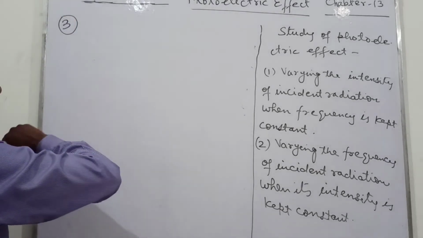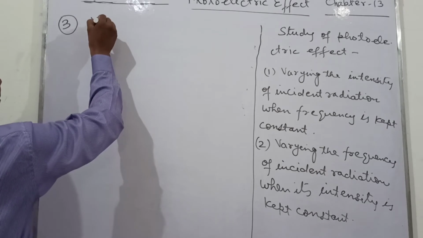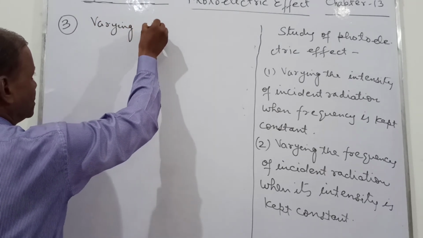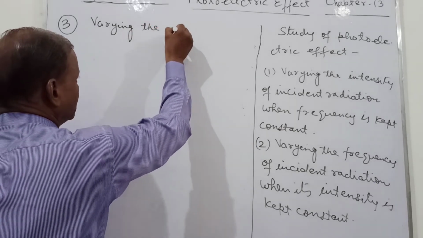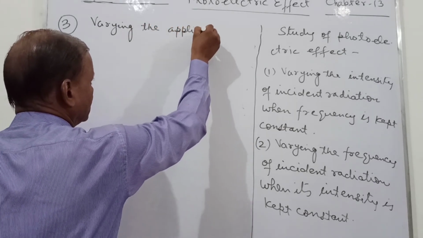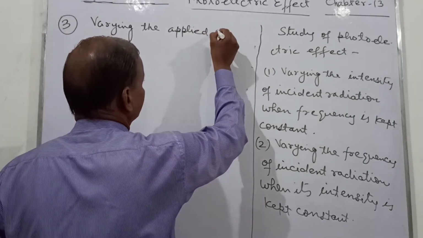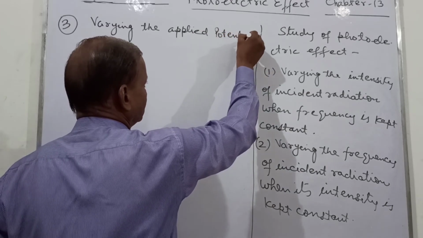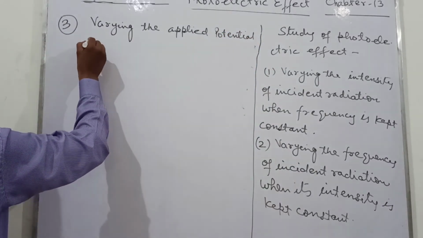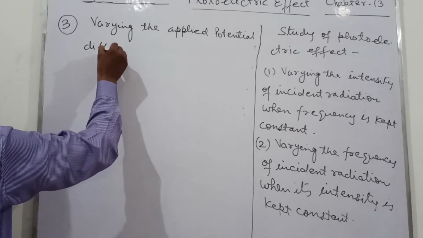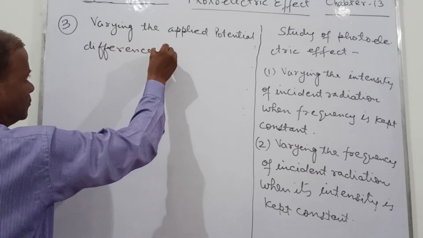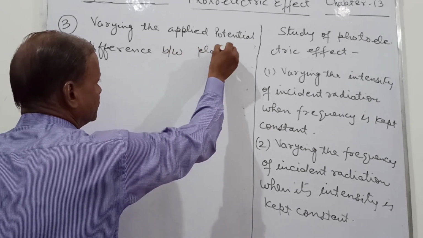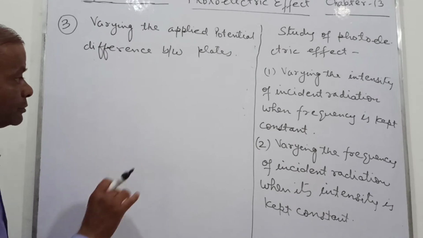Third is varying the applied potential difference between the plates, meaning cathode and anode.